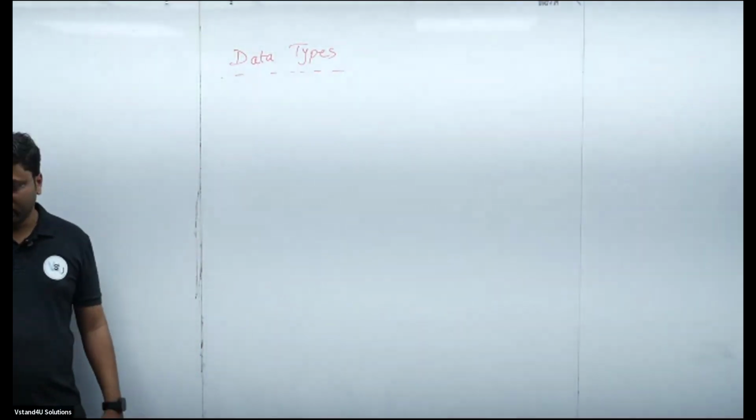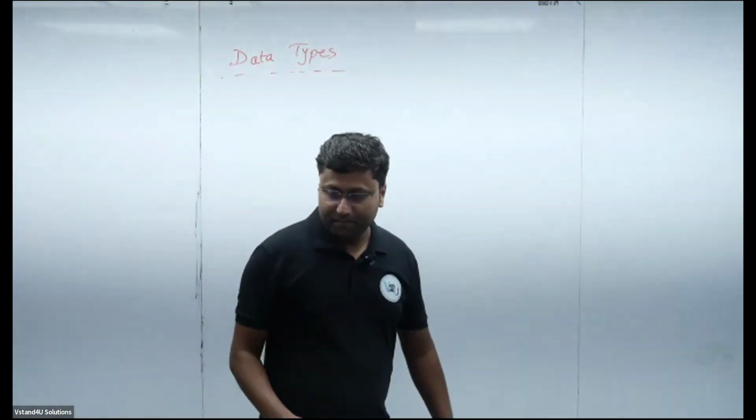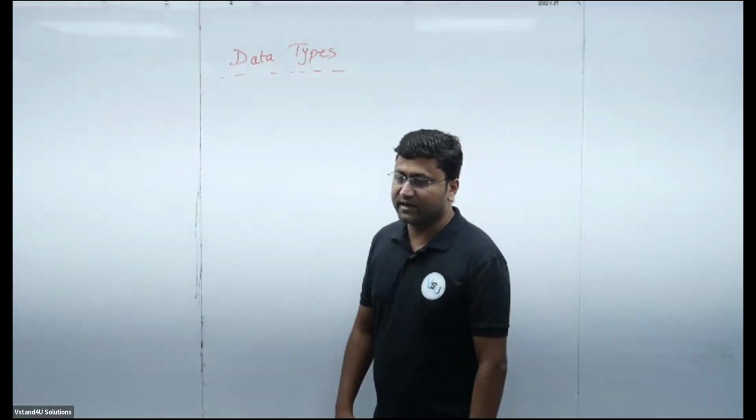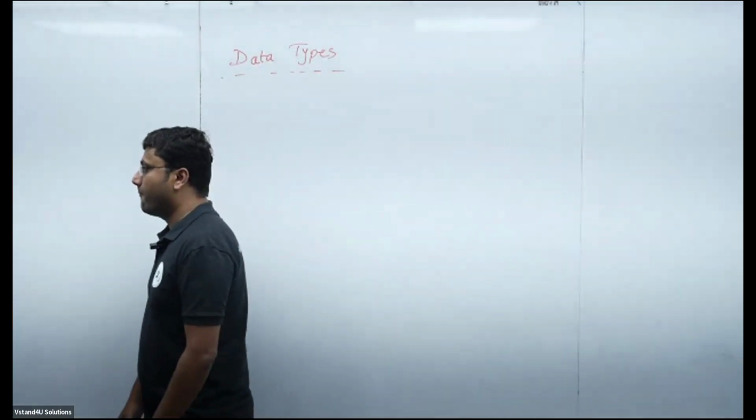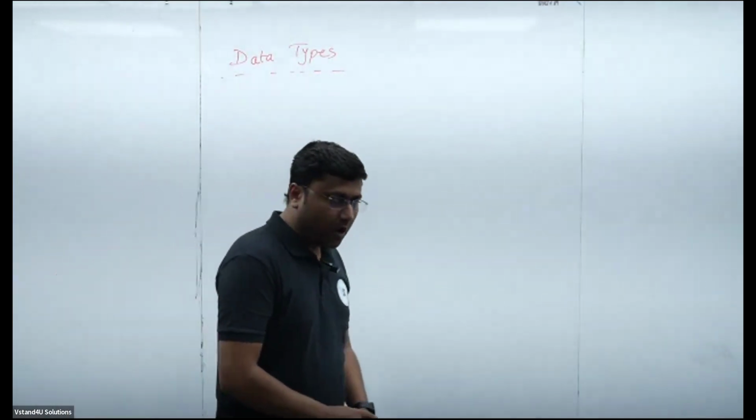Any information we store in Java is called data. Right side heading: data. Raw facts.